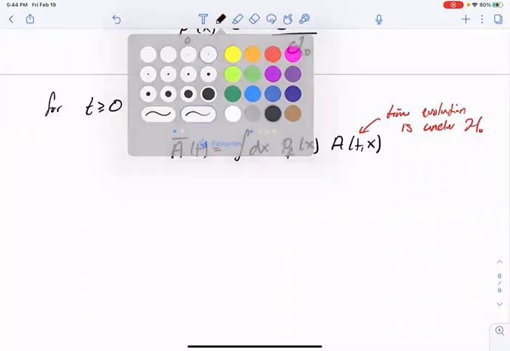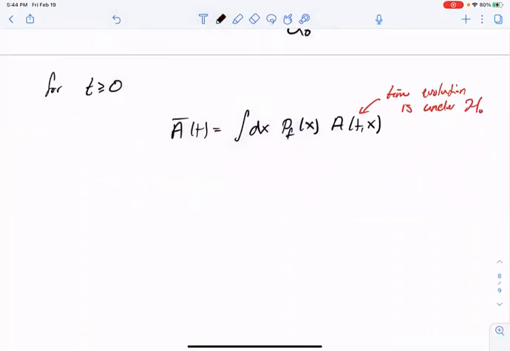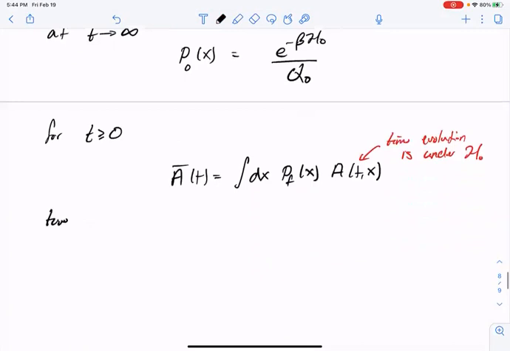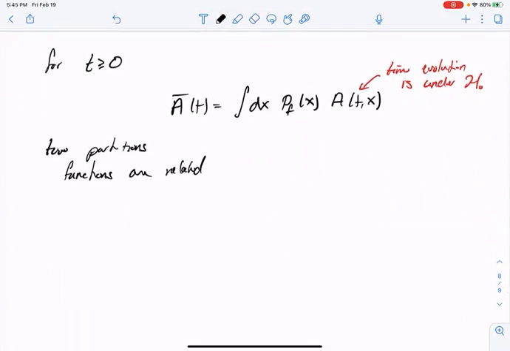Now, the statistics in the presence and absence of the force, the two partition functions normalizing these distributions, are related in the normal way. We've seen this many times. Q of f can be written as Q naught times the average of e to the beta f bar A in Q naught.